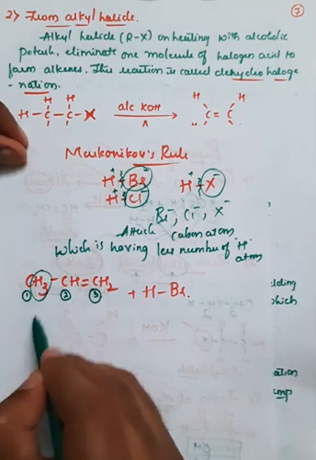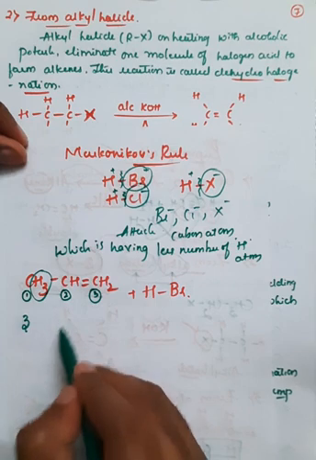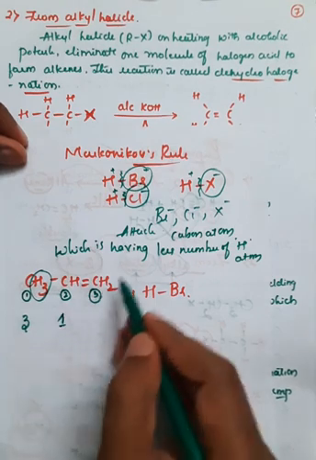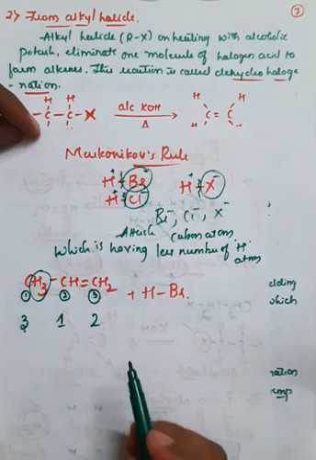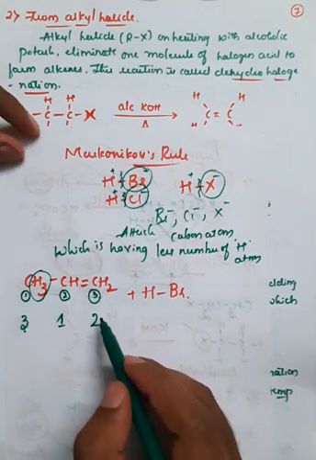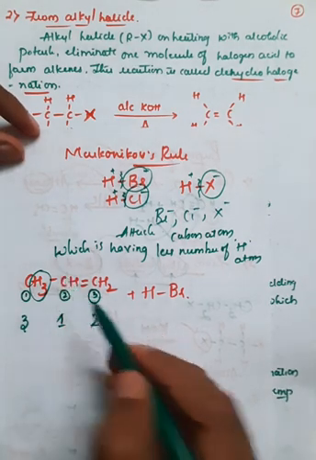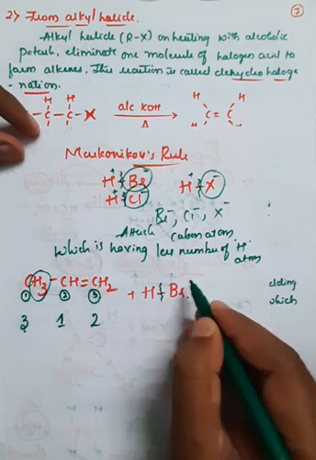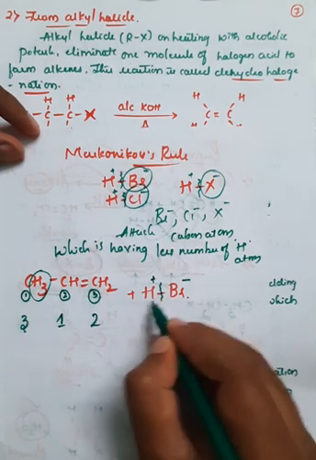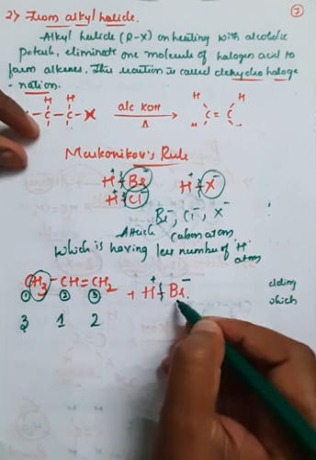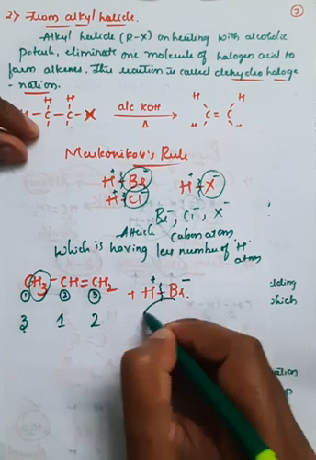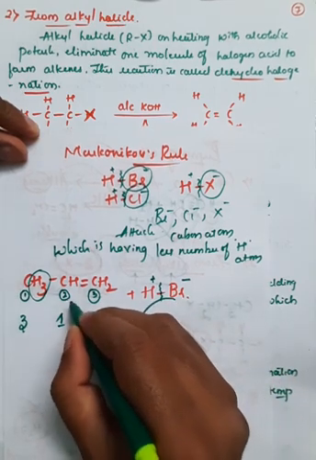In the second carbon atom, the hydrogen is only 1. In the third carbon atom, the hydrogens are 2. So out of the 3, the lesser number of hydrogens is on the second carbon atom. Whenever this bond breaks, hydrogen gets the positive part and bromine gets the negative part. So this negative part of the hydrogen bromide will attack only the second carbon atom.